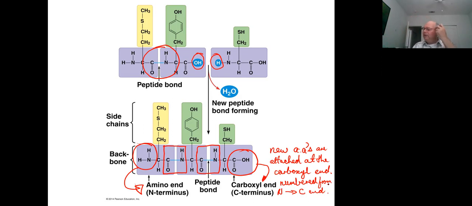So we always number the amino acids in a polypeptide chain from the N-terminus to the C-terminus, because that's the order in which they're assembled.